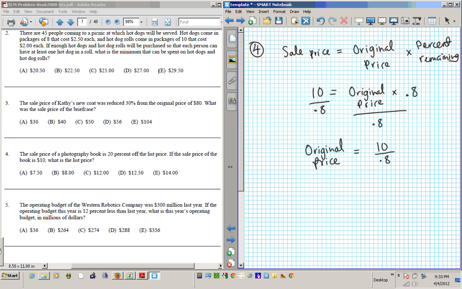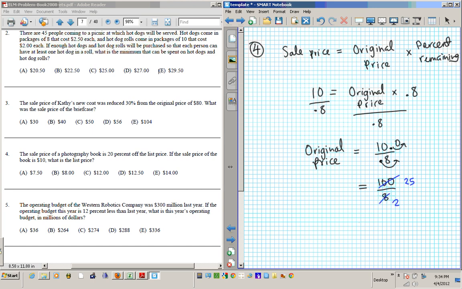I don't like this decimal, so move it back once here and once there, inserting a 0. This is the same thing as 100 divided by 8. Now let's reduce this. 4 goes into 8 twice, and 4 goes into 100 25 times. So that gives us 25 divided by 2.